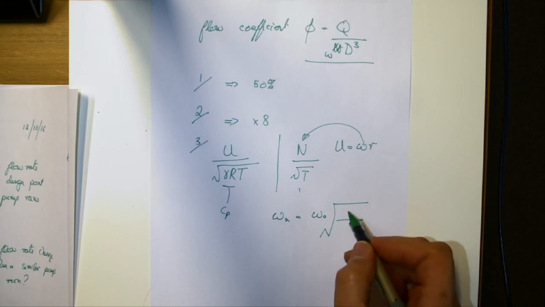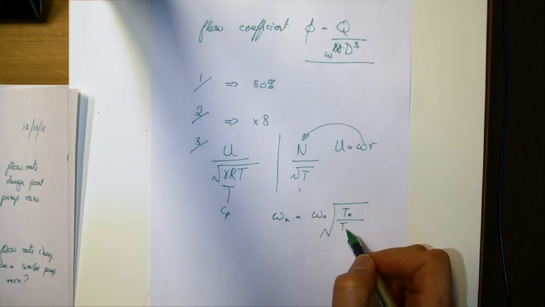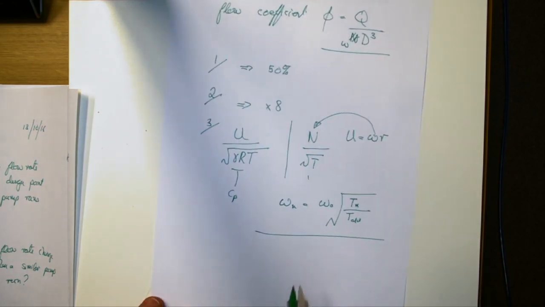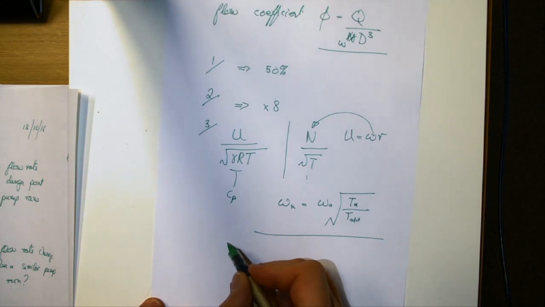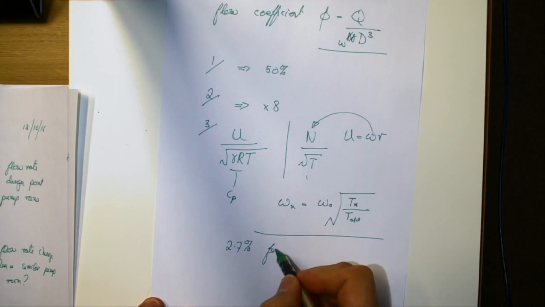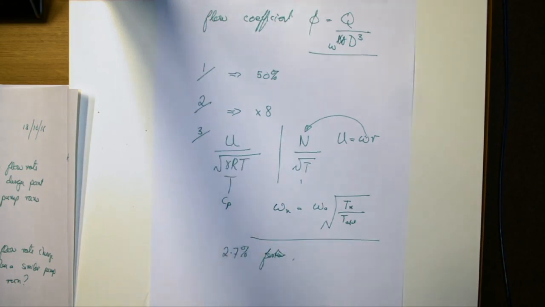That's the equation I've actually solved, and the answer, I think, is 2.7% faster. So that's the answer to the question. We maintain the rotational speed coefficient. The increased temperature means the rotational speed must have increased.